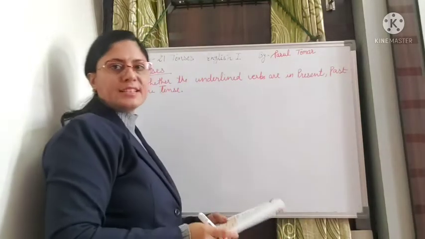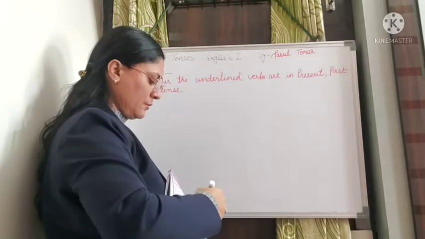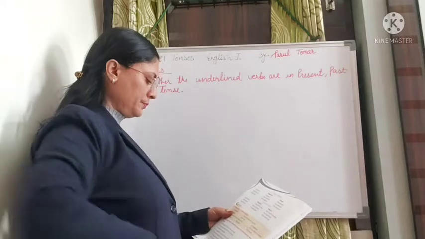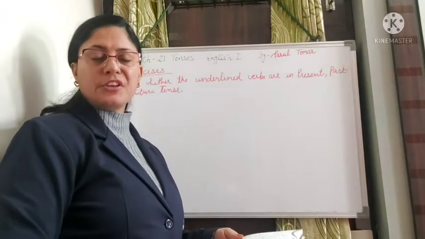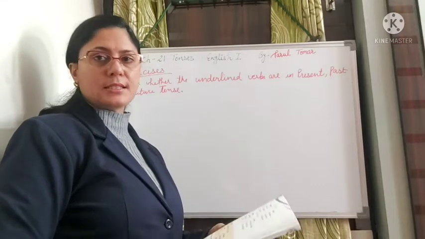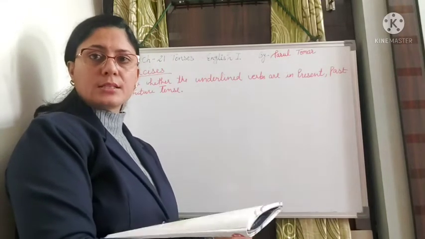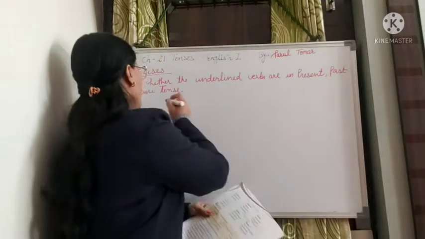Now we will write some of the exercises which is given in your book. What we have to do here? Some sentences are written. We have to tell whether this sentence is written in present tense, past tense or future tense.